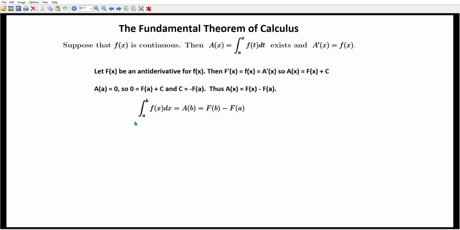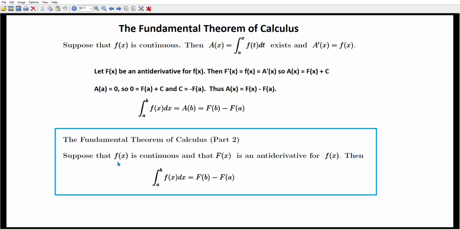And if we look at the definite integral from a to b of f of x dx in terms of the area function, that's just A when x equals b, so that's A of b. Plug in here, F of b minus F of a. And what that says is the definite integral from a to b of f of x dx is cap F of b minus cap F of a, and that is part 2 of the fundamental theorem.